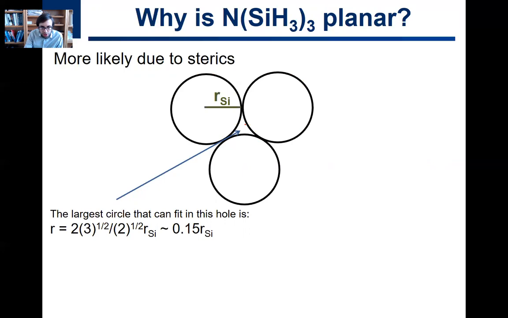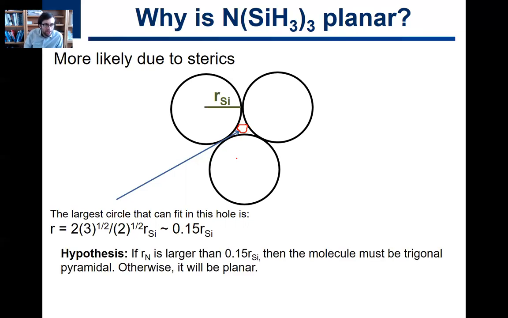The largest circle that can fit in here has a radius of about 0.15, 15% the radius of silicon. So the largest circle that can fit in this hole formed from the 3 circles of silicon is about 15%.